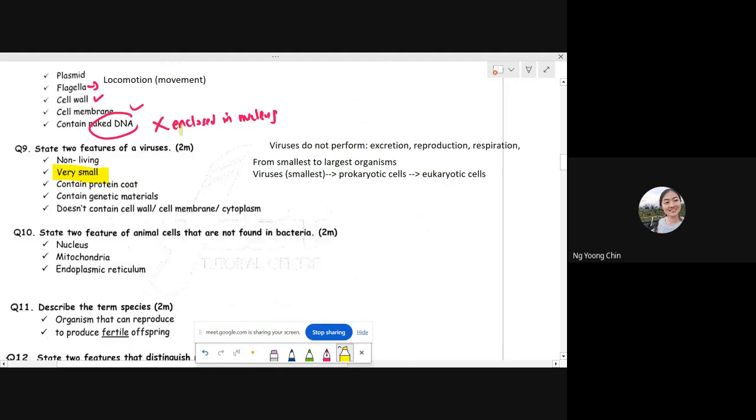So if I want to draw a virus structure, I should draw it in this way. A very simple virus structure. Now I'll draw it for you. I will draw a hexagon, okay? And then outside I will draw a circle.